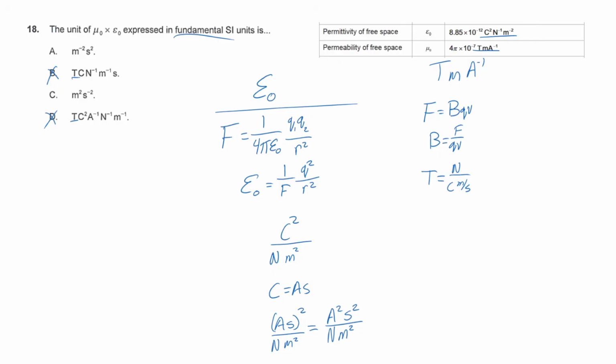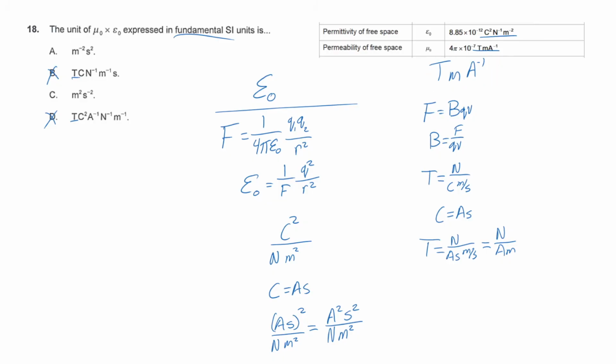So let's use the same substitution from earlier, that C is equal to an amp second. And then we will have N divided by A times s times m divided by s. So that'll be equal to N divided by A times m. And then we can take this T and plug it back into our original units from the permeability.